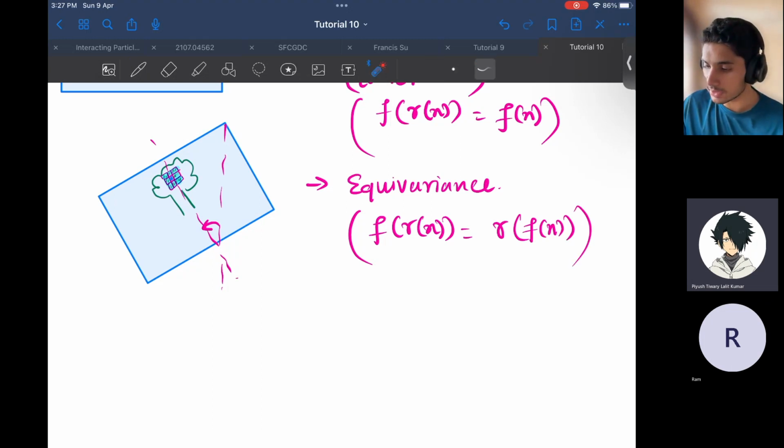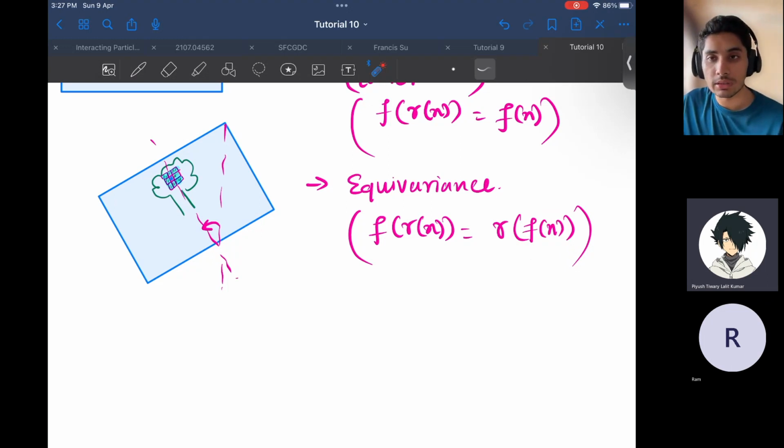The way to read this is, let's say I apply some transformation to my input x and give that as input to my function f. Whatever the output is, that output should be equivalent to applying my function f initially to my input and then applying this transformation r, right?